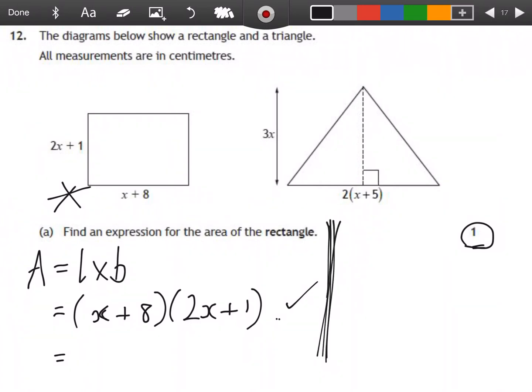I'm going to do it here because we've got the picture. How do you work out the area of a triangle? The area of a triangle is half times the base times the height.